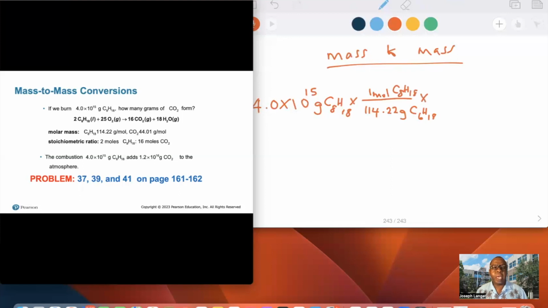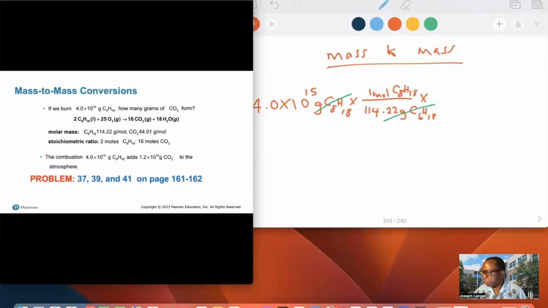What I've done here is convert the grams to moles, grams of octane, and using the mole ratio between octane and CO2, which we are looking at, I want to cancel this and that so that we remain with moles.